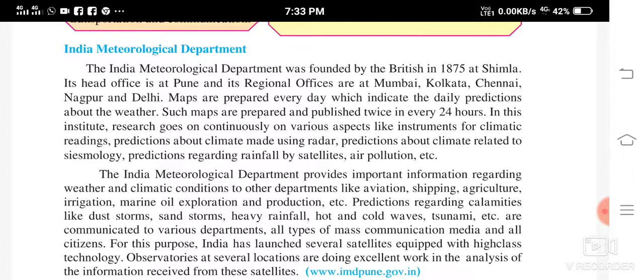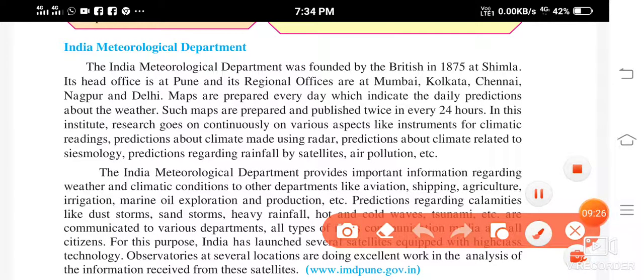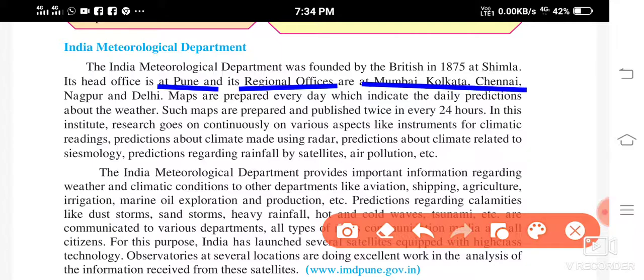So how does the India Meteorological Department work? First of all, it was founded by the British at Shimla. The head office is at Pune, and the regional offices are at Mumbai, Kolkata, Chennai, Nagpur and Delhi.